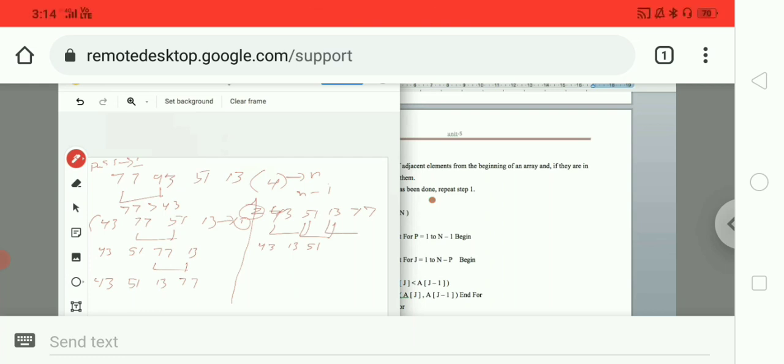After that, 13 and 77. Now we compare these elements: 43, 13, 51, 77, because 51 is smaller than 77. So here another pass is finished.